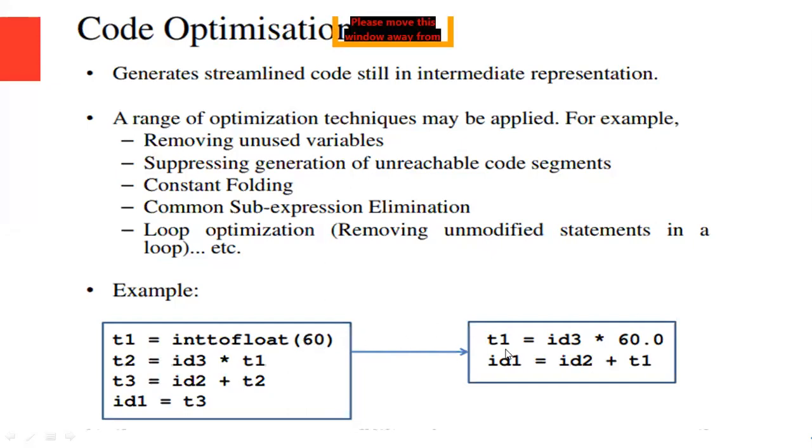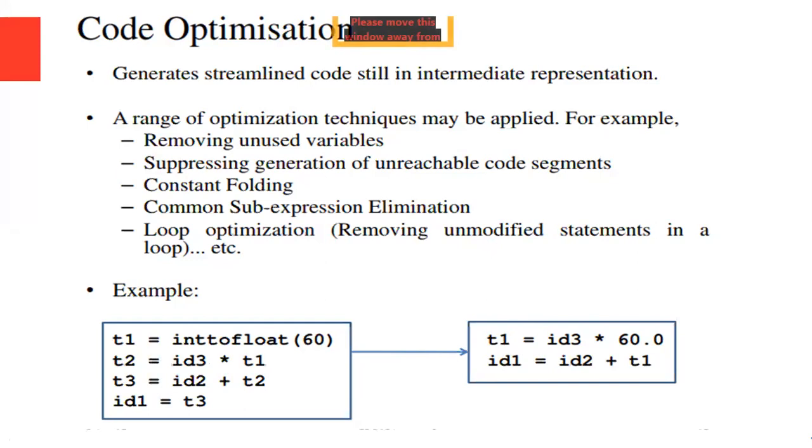So by using code optimization, t1 is equal to id3 into 60.0, and this t2 is not useful. Why? Because this statement is converted like this: t1 is equal to id3 into 60.0, and here t3 is not used.